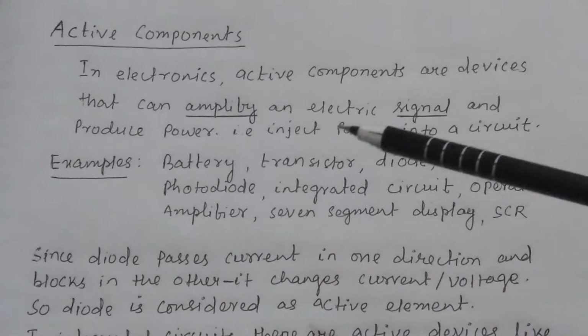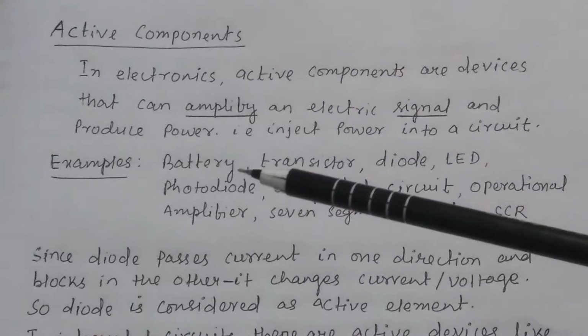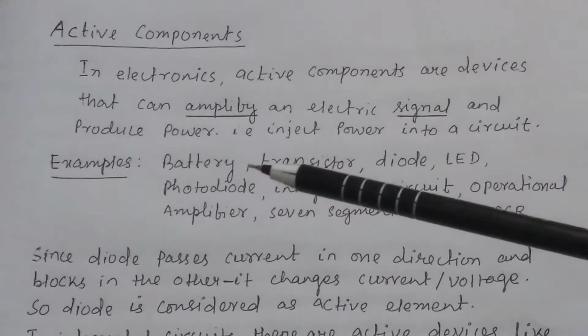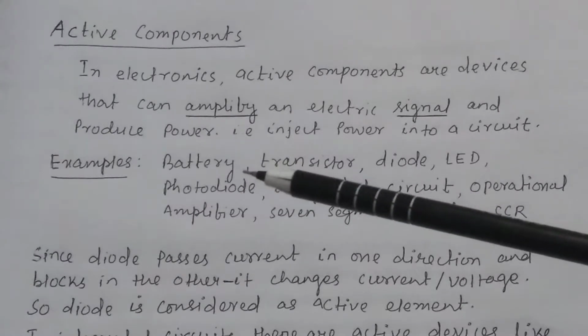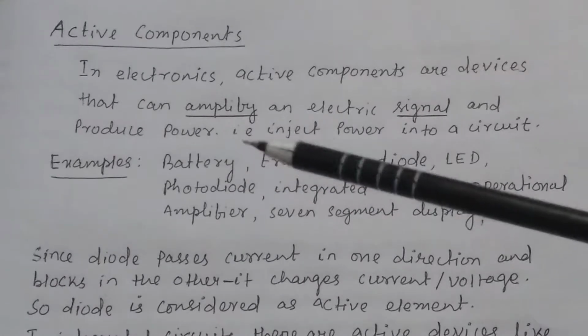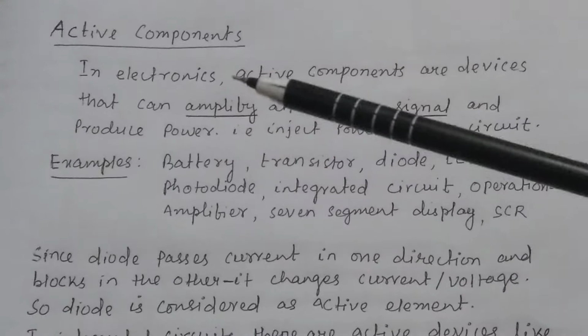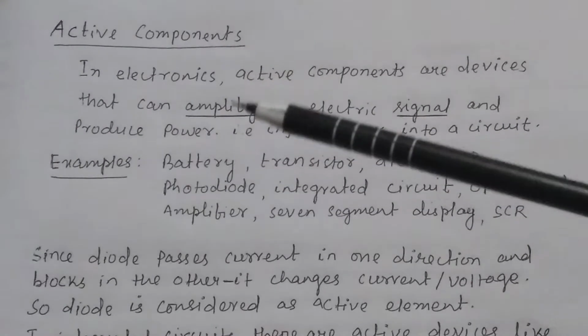These are the active components in electronics, and battery is also called an active component. And we know battery is used to give power, to produce power. That is why you can also call battery an active component.